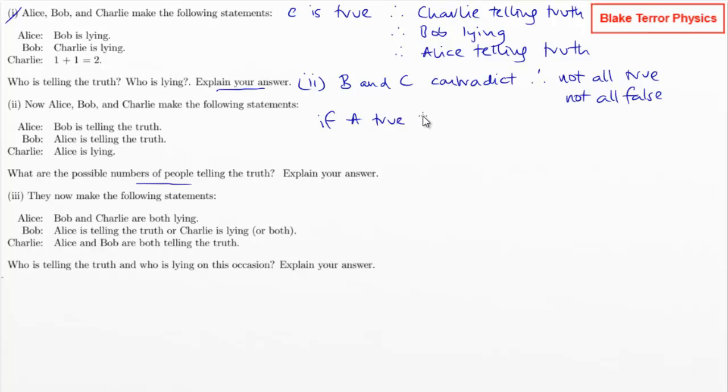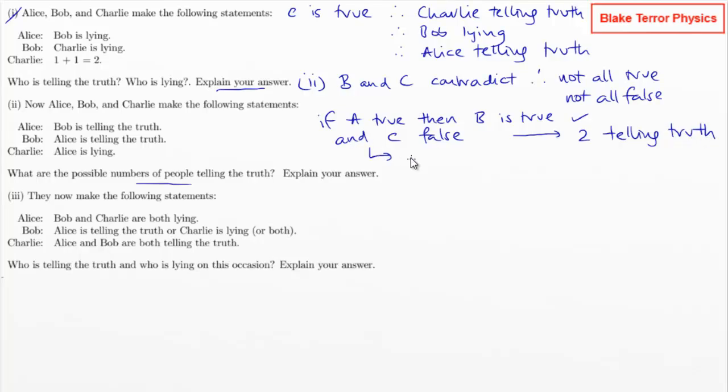Then B is true, which is Alice telling the truth. So that works. And then C says Alice is lying, so C is false. All in all, two of them are telling the truth. And that does work.